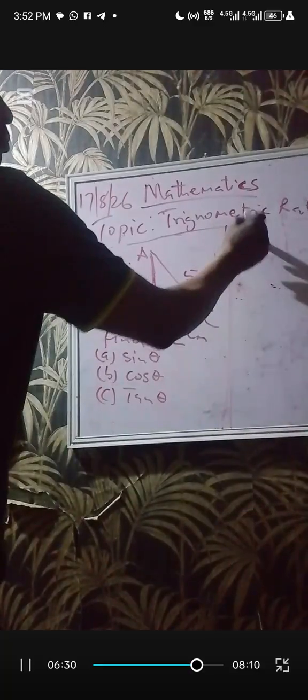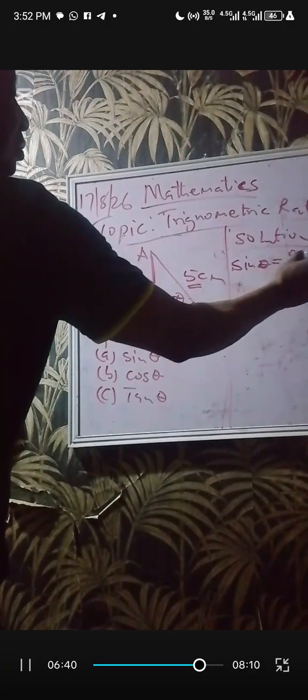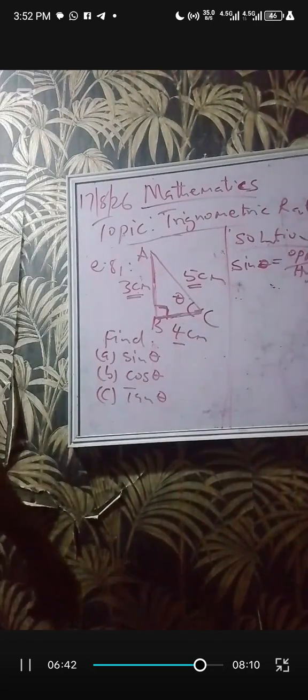But in this case they gave us all the sides, so we go straight to find the trig ratios. Let us find sine theta. Sine theta is equal to opposite over hypotenuse, from our SOH CAH TOA.